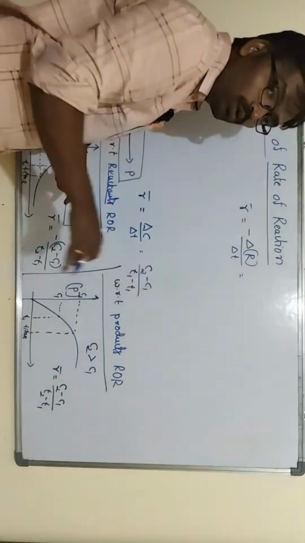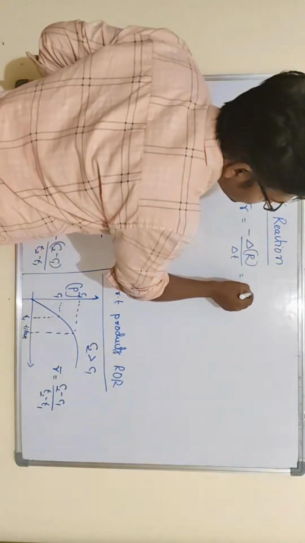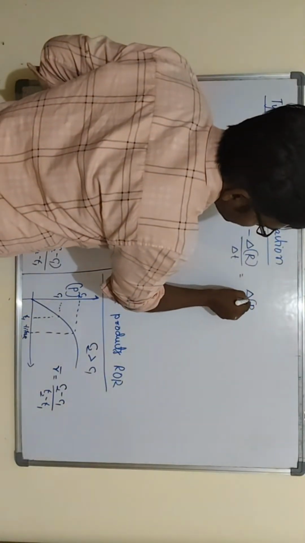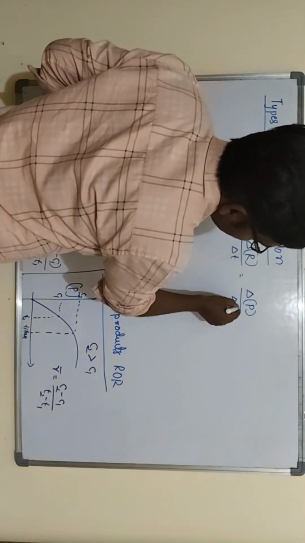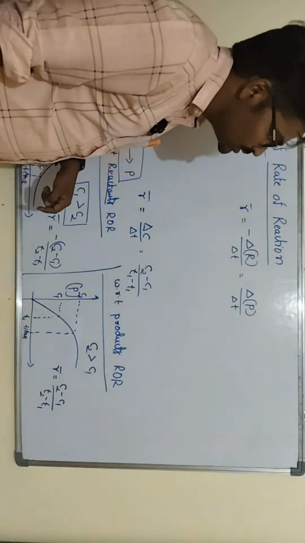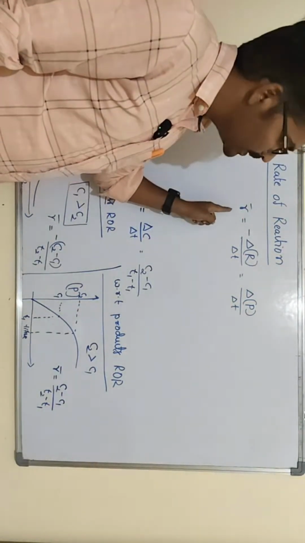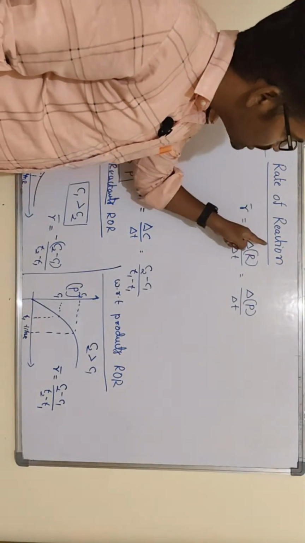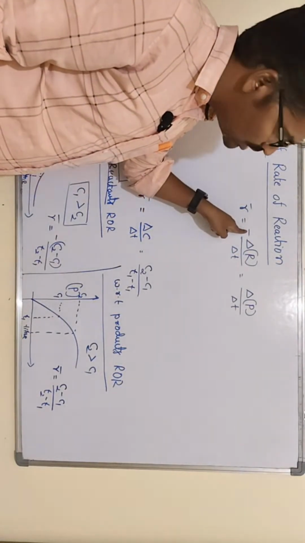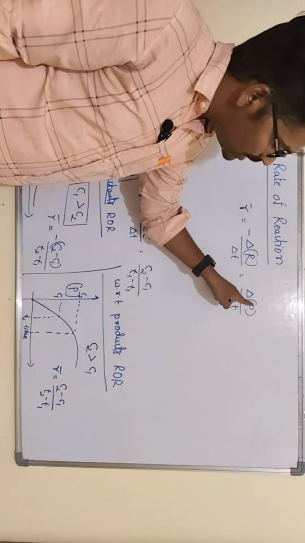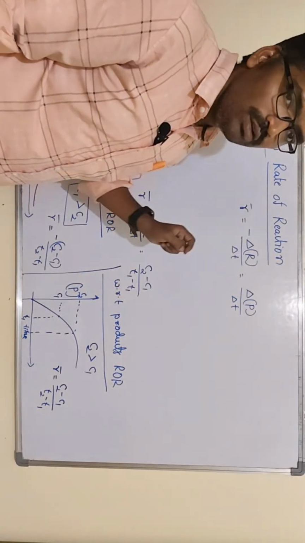With respect to the products, it is simply delta concentration of P divided by delta T. So this is the expression of the rate of reaction for the average rate of reaction. When we are considering reactants, you have to take a negative sign. When we have to consider the products, you have to take a positive sign.